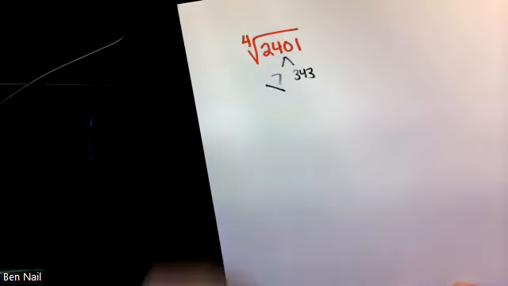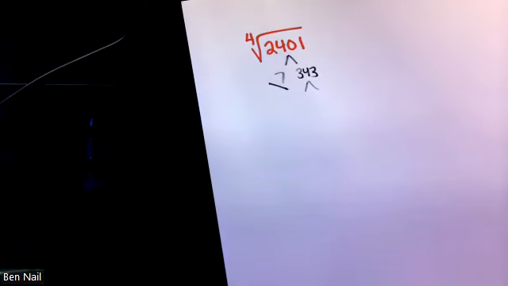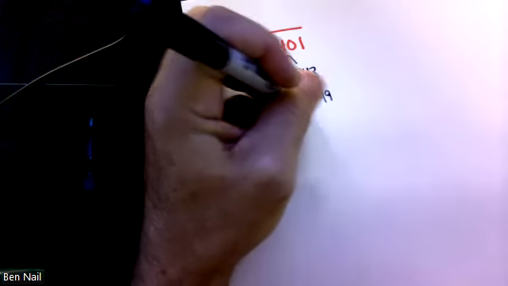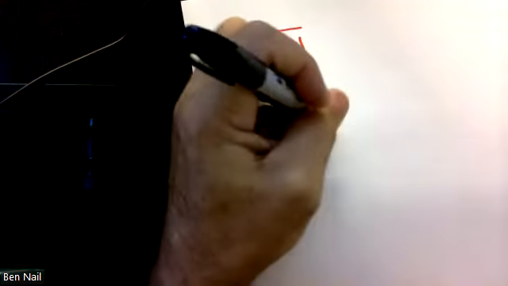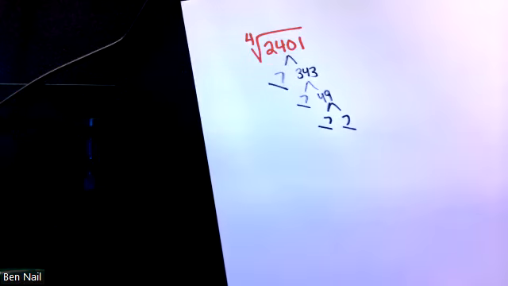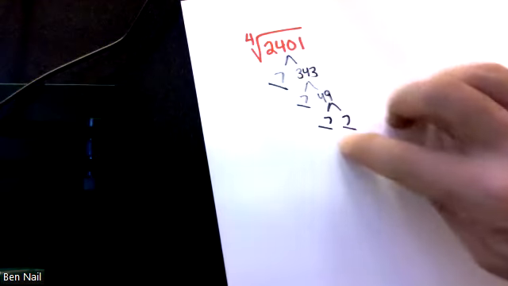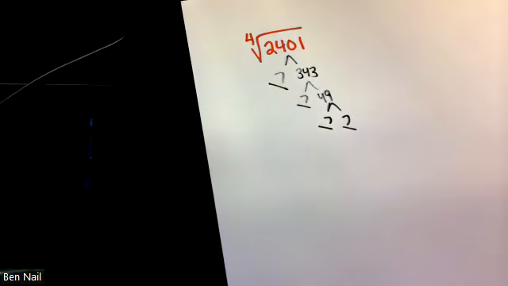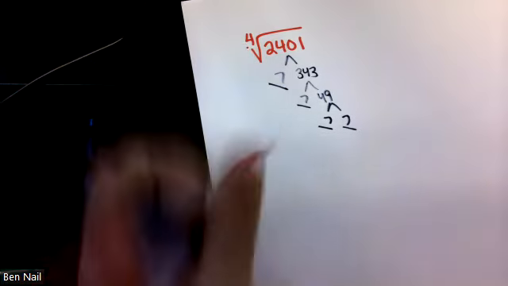7 is prime. So again, divide. That's 7 and 49, which 49 is 7 and 7. So again, we can still break our number down into its primes if we have a fourth root.